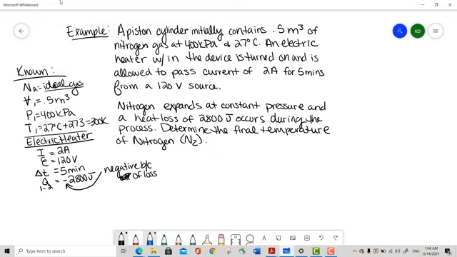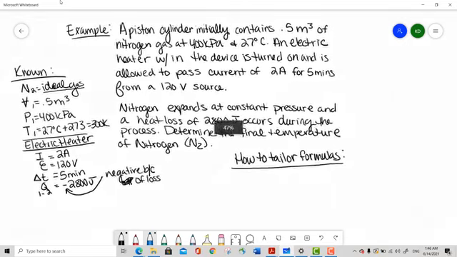And let's see. Okay, so how can we find out these formulas? So we know that we have the first law formula.